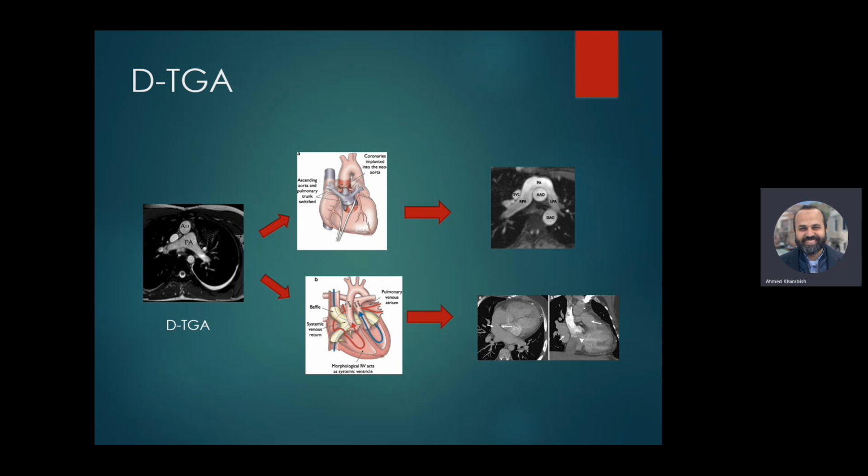I'm not sure if any of you saw this picture before in any of the TGAs, where you would find that the RPA and the LPA are hugging the aorta, because this is the only space that they would have to reconstruct the pulmonary artery. And this is how one of the complications is stenosis in the pulmonary and in the branch pulmonary arteries as well.